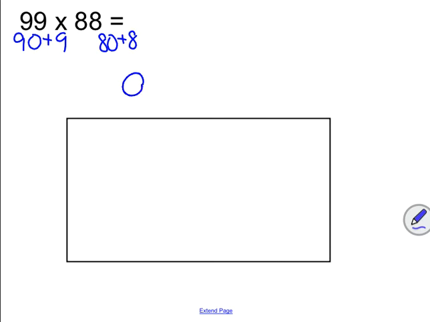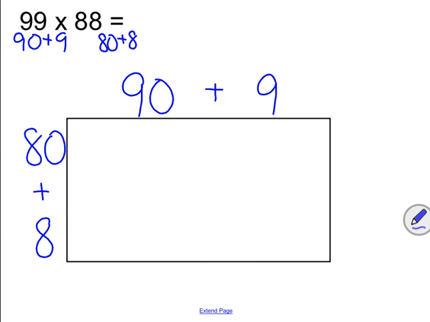So I'm going to do 90 plus 9, 80 plus 8. Cut my parts using the addition symbols.